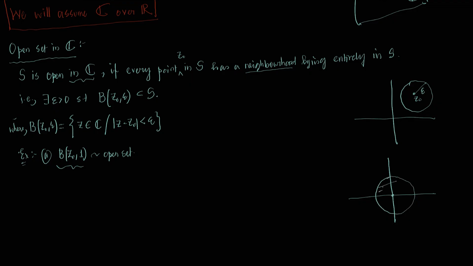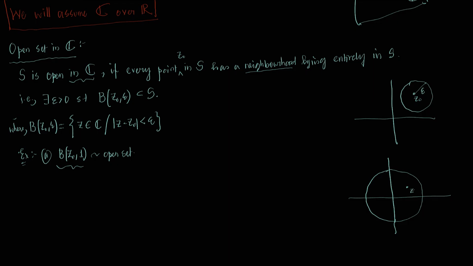Sorry, this is the disk, not the ball. In this disk, if you take any point Z, let me draw it here. Let's say this is your unit disk, and we are taking every point inside this, not on the boundary.